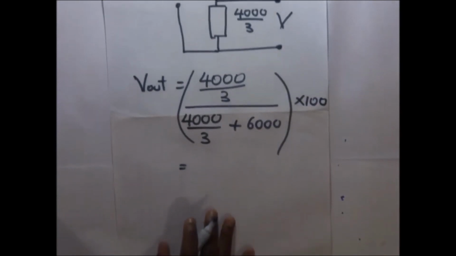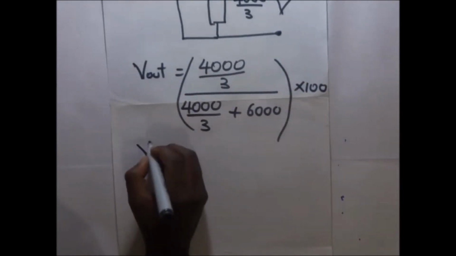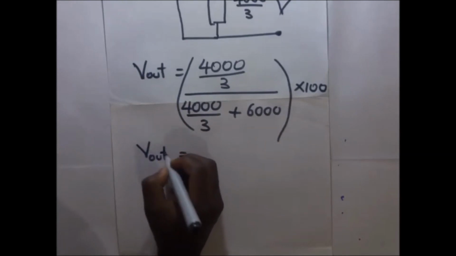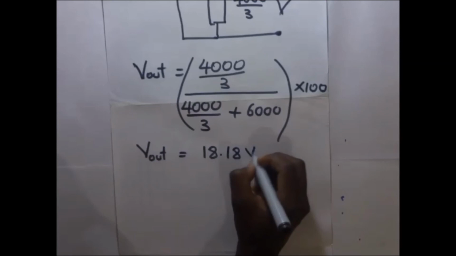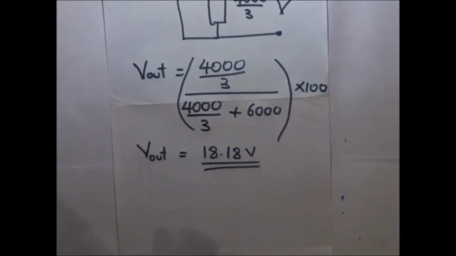And when we do that, our answer for the voltage output will be 18.18 volts. And that is how we calculate the voltage output for a potential divider that is loaded. In our previous example, we dealt with the case where the potential divider was unloaded.